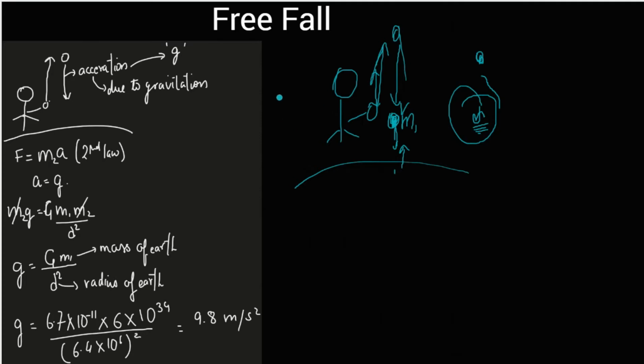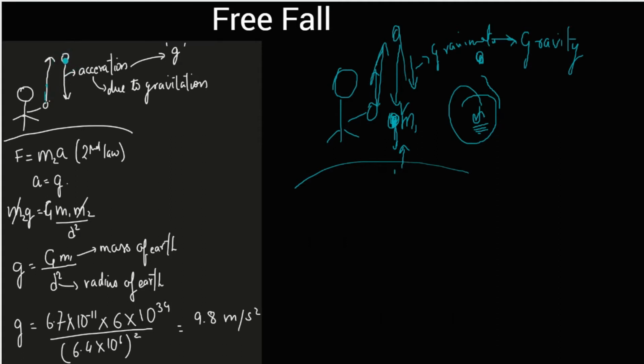So what happened to this ball? Why is it coming back? Because of force. That force is known as gravitational force, but we also gave it another name. We gave it gravity. This ball went up due to your velocity, and it is coming back.